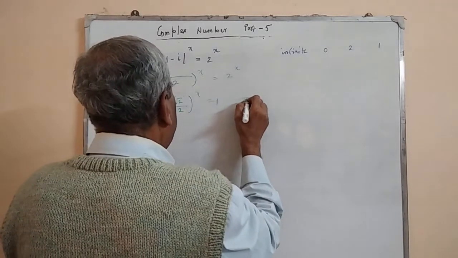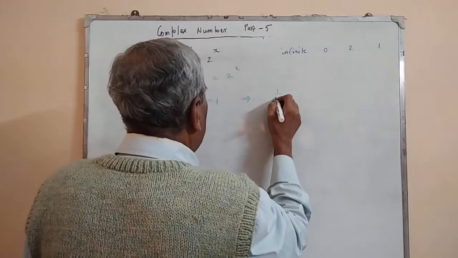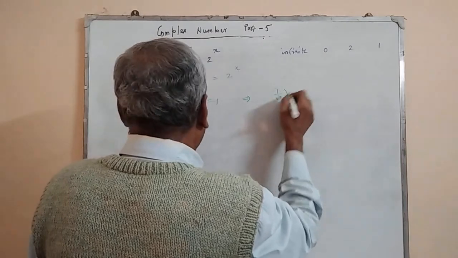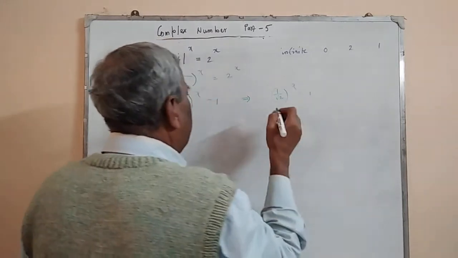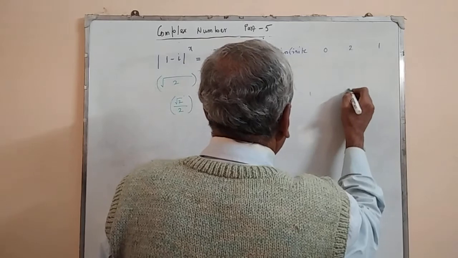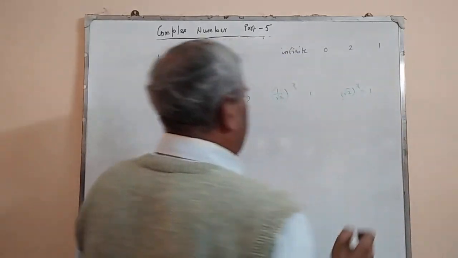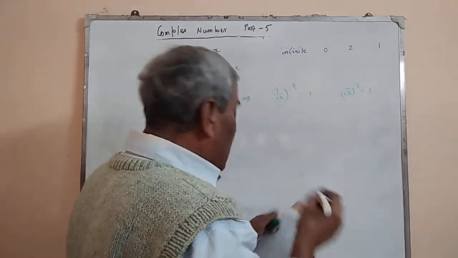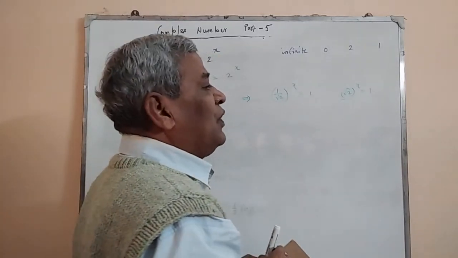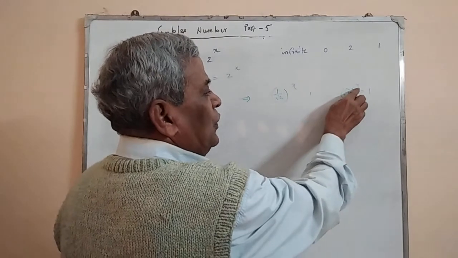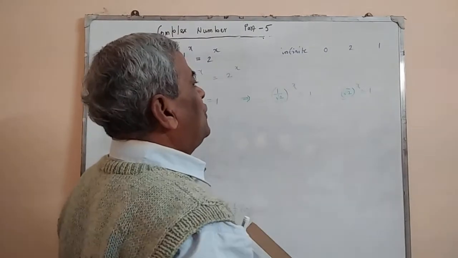It means 1 by root 2 to the power x is equal to 1. It means root 2 to the power x is equal to 1. Now, the only solution is x is equal to 0.